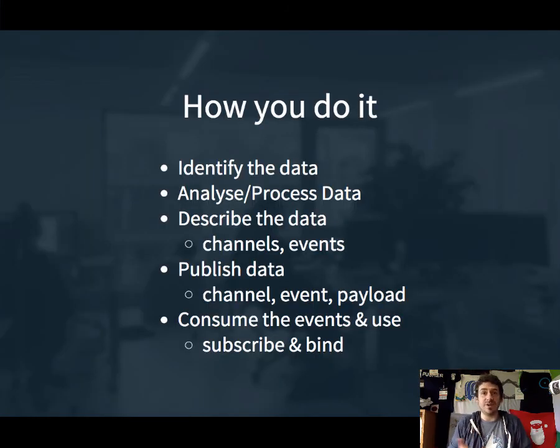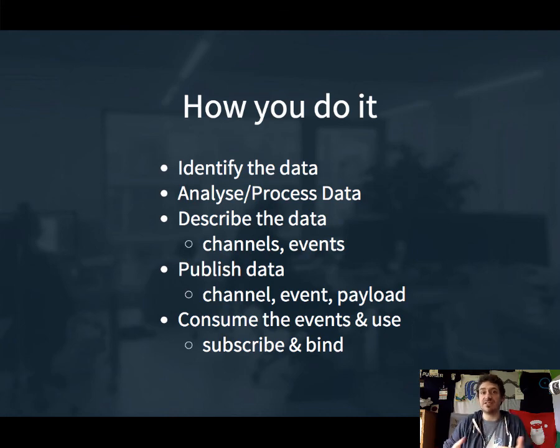So hopefully we now know how to identify the real-time data within our application. We've got an idea that we might need to analyze and process that data. We might need to take it out of the synchronous processing and push it off asynchronously if we're doing heavy data manipulation. We need to describe the data through channels: what is the data I'm interested in? The events: what's happening to that data?